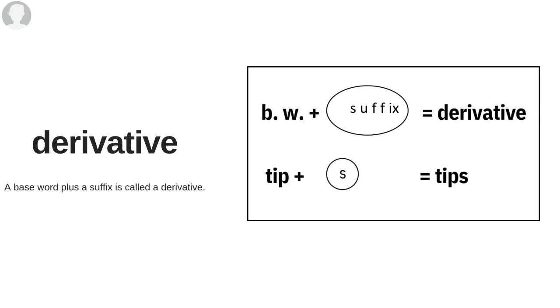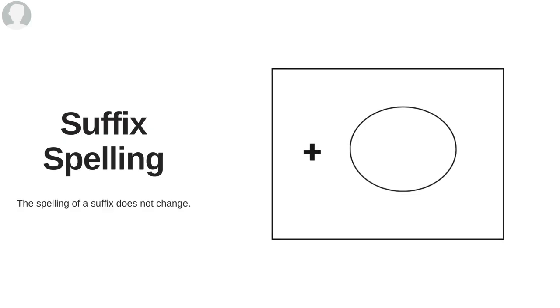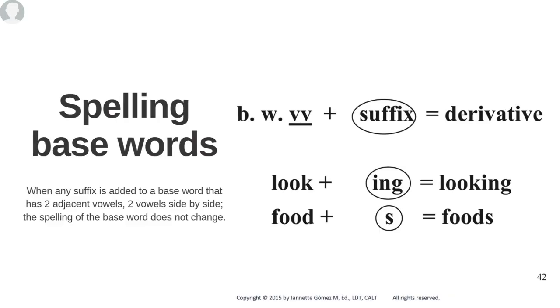A base word plus a suffix is called a derivative. Suffix spelling. The spelling of a suffix does not change. Spelling base words. When any suffix is added to a base word that has 2 adjacent vowels, 2 vowels side by side, the spelling of the base word does not change.